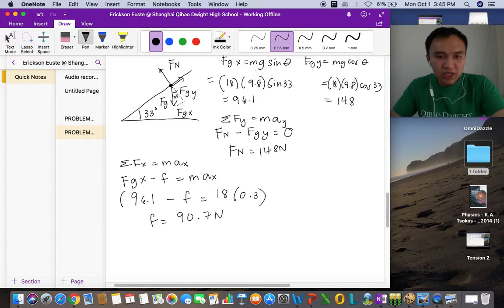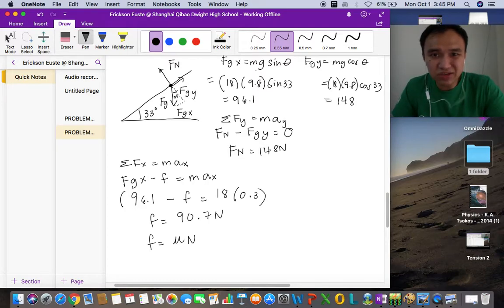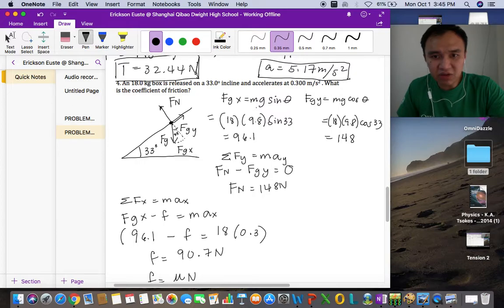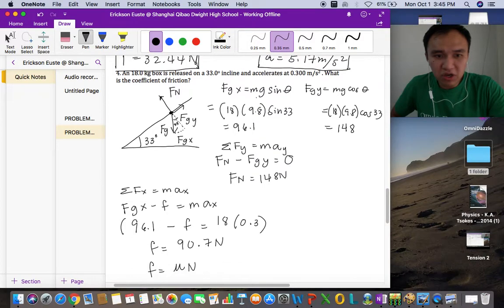However, you already know that the friction is equal to mu times N, but in this case, N is not just equal to mg. A while ago we found that the normal force is equal to FGY, which is equal to 148.